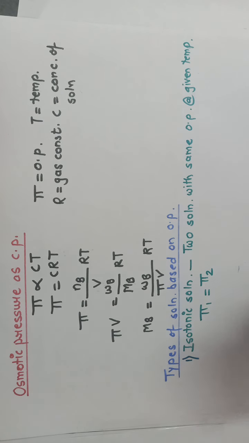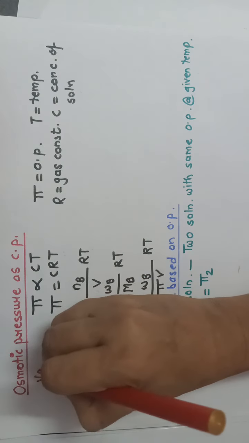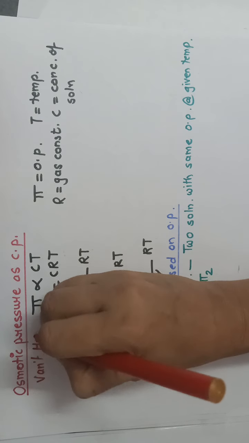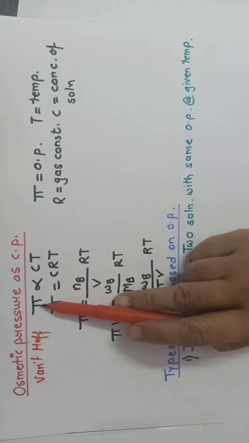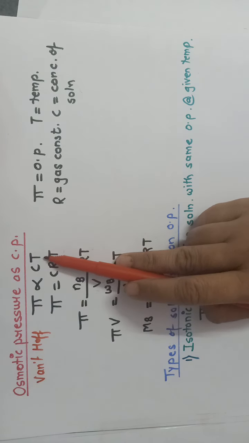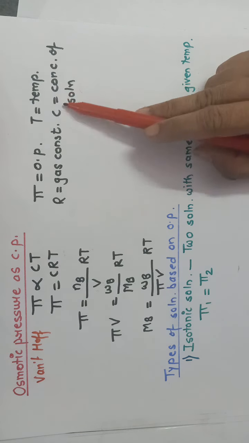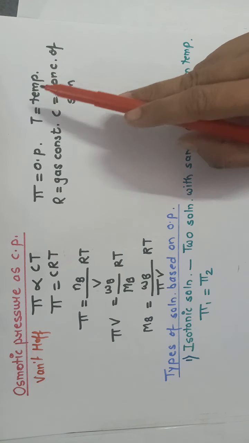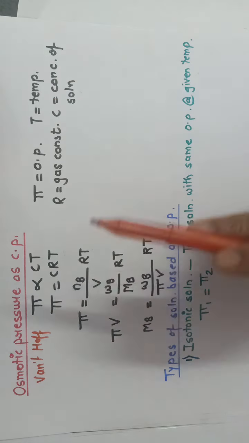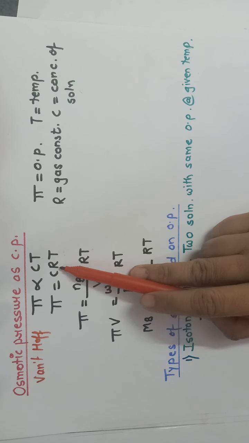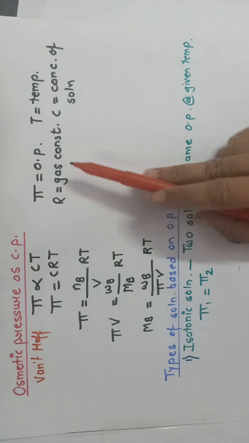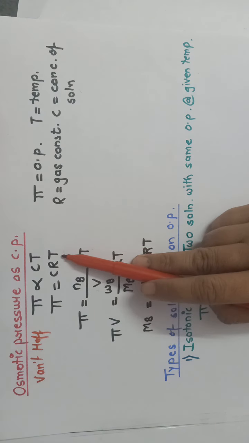Let us see why osmotic pressure is considered a colligative property. There was one scientist, Van 't Hoff. He said that pi, that is osmotic pressure, is directly proportional to CT, where C represents the concentration of the solution and T represents the temperature. Introducing a proportionality constant R, which is the gas constant, the equation becomes pi equals CRT.